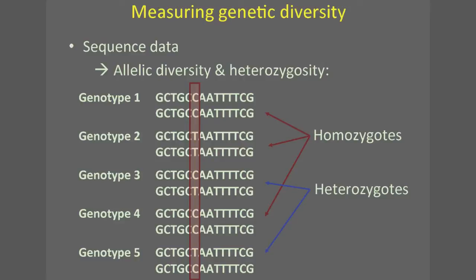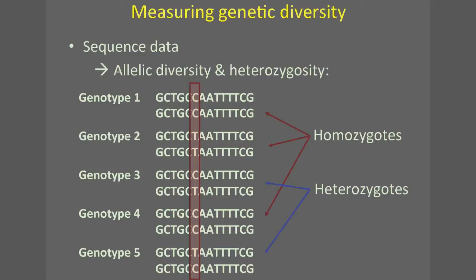You see genotype 1 has a C on both alleles, genotype 2 has a T on both alleles, but for instance genotype 3 has 1 C and 1 T, which means that they're heterozygotes. So this is information you don't have when you study mitochondrial DNA, but if you study nuclear DNA, this is the added information you have.